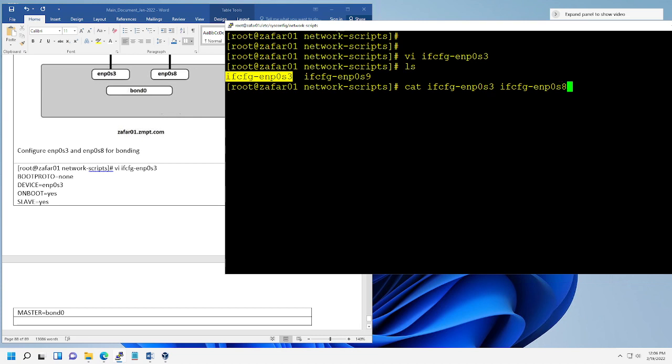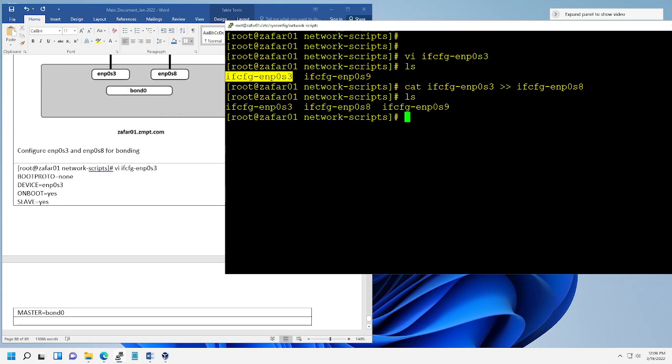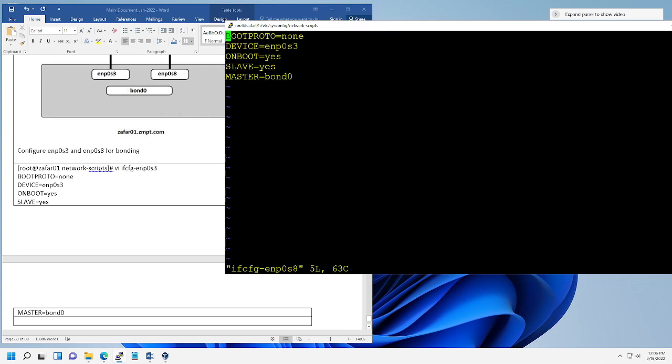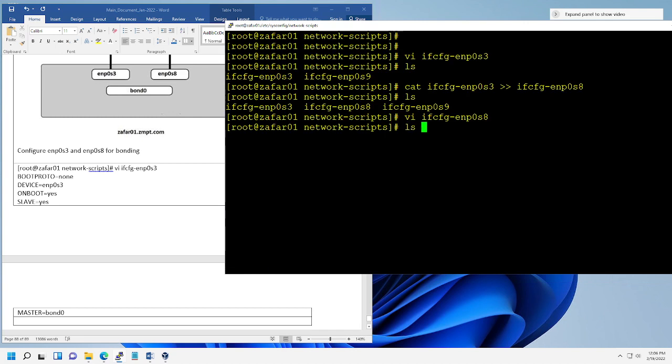You could cat and then redirect to another file here. If the file doesn't exist, it will create one for you. So now we have ENP0S8. I'm going to go into that file and edit this, and the only thing I need to do is change the 3 to 8. So now I have two different files here.